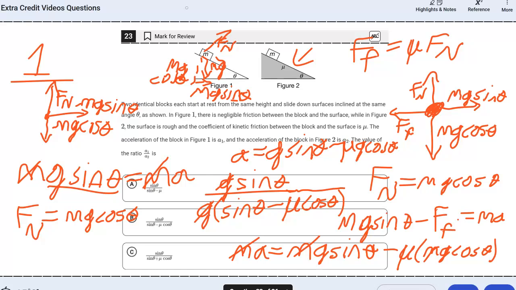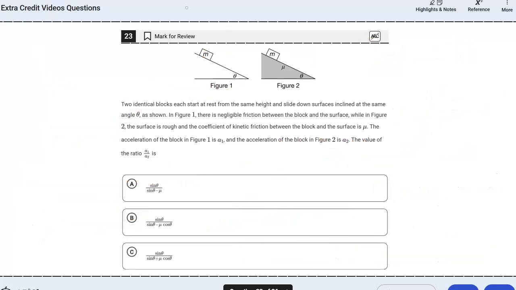Our g's cancel out. We're left with sine theta over sine theta minus mu cosine theta, and that looks exactly like B. Let's just check to be sure. That's the right answer. There you go.